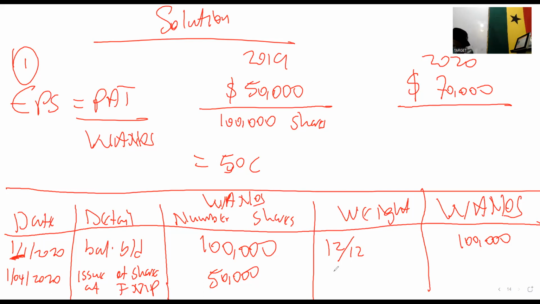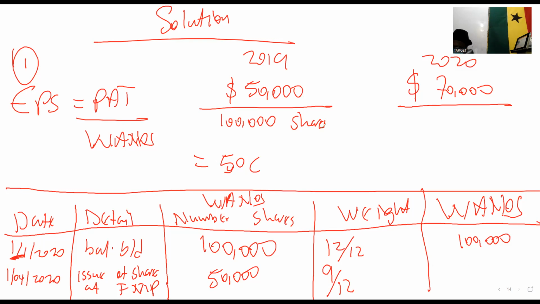So these shares will only contribute to 9 months' profit, not 12 months' profit. That is why we are weighting the average. The rationale is that the shares did not arrive at the initial date. They came in when some portion of the profit had already been made. So take 9 months out of 12 months of 50,000, so 50,000 times 9 over 12.